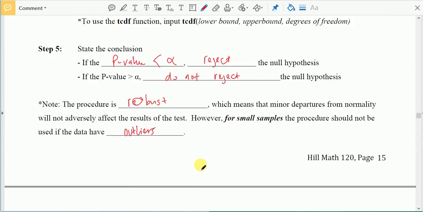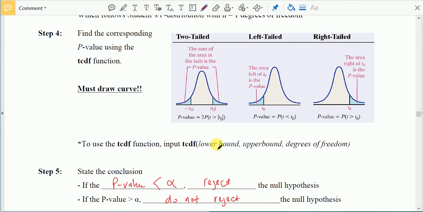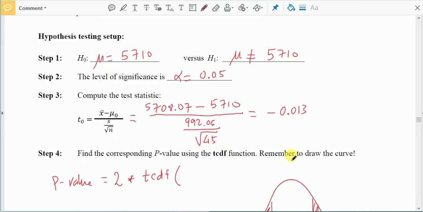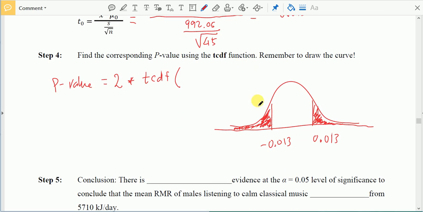The command for that is lower bound, upper bound, degrees of freedom. Okay, so maybe I'll use this value.